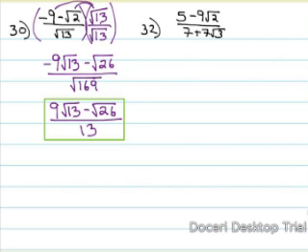The last problem in this section is another rationalizing the denominator problem. But this one has a binomial on the bottom. It's got that plus sign down here. So that means we need to multiply by what's called the conjugate. The conjugate is the exact same number, so 7 and 7 radical 3. But instead of having that plus, now we're going to change it to a minus.